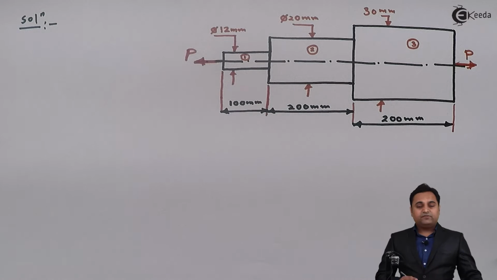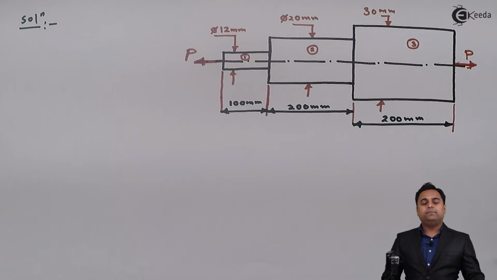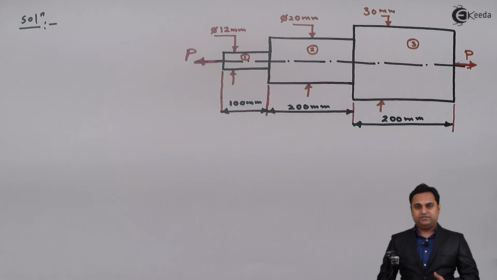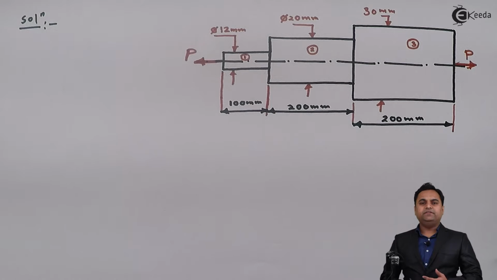Now, since the first question is we have to find out the maximum axial pull, what we can do in this problem is, after we have determined the three sections, we can calculate their individual areas.